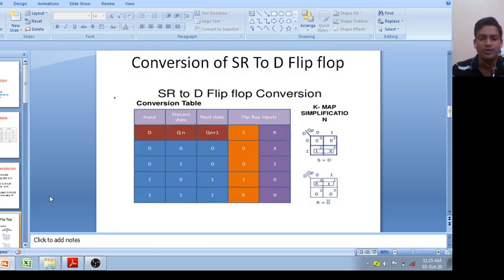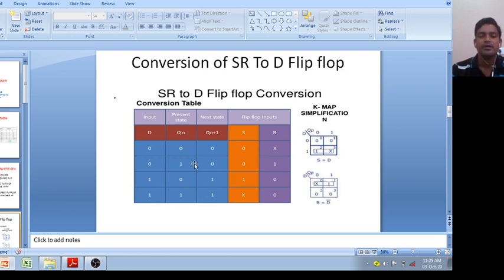So first we will draw the characteristics table for D flip-flop because it is the required flip-flop. You know Qn plus 1 equal to D. So just copy from here, paste here. 0 0 0 0 1 1 1 1.